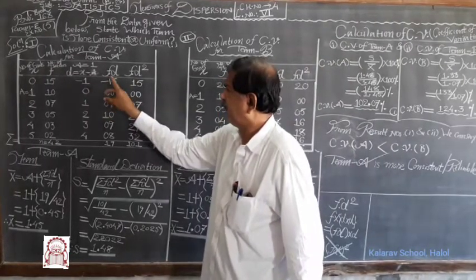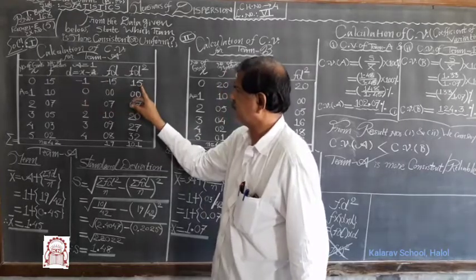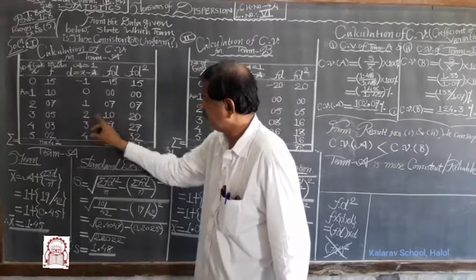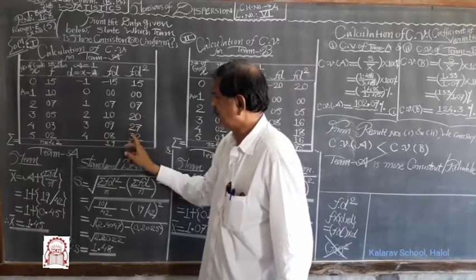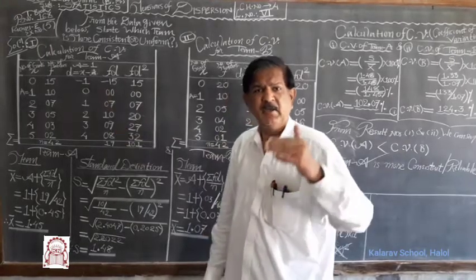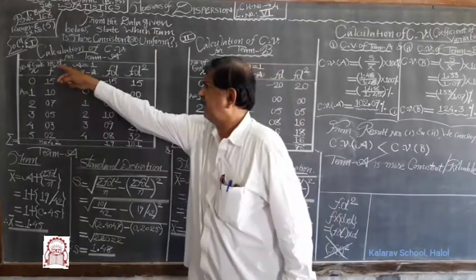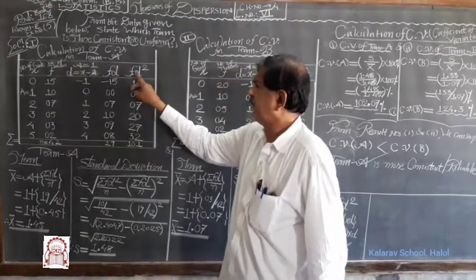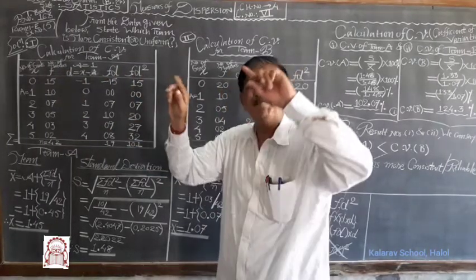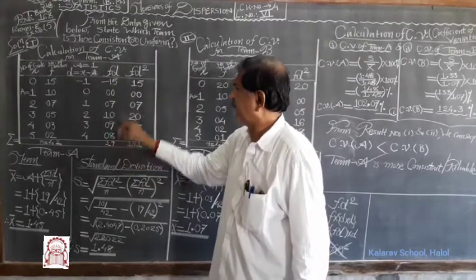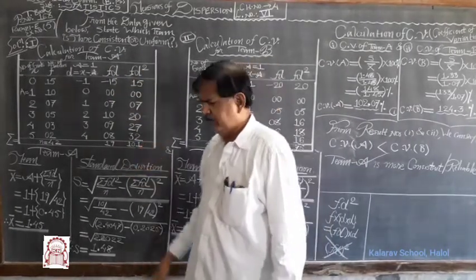Minus 15 multiplied by minus 1, minus times minus is plus. 7 multiplied by 1, 10 into 2, 9 3s are 27, 8 4s are 32. This way complete the table and make the total of frequency. See, it is f into d square, not fd whole square. Fd total 90, fd square 101.